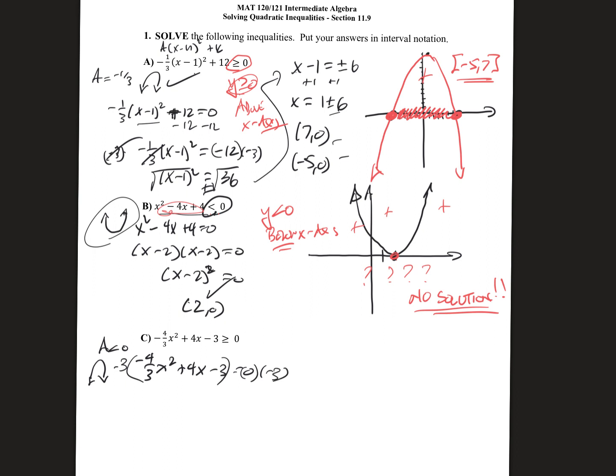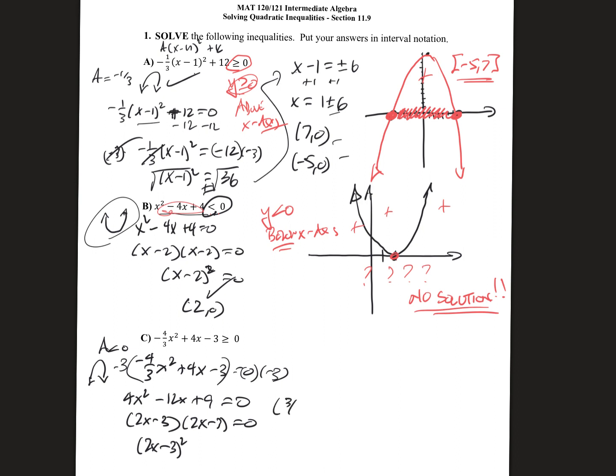What that's going to do, as we've seen in the past, is clear the fractions. So we end up with positive 4x squared minus 12x plus 9, and then anything times 0 is 0. And taking a hard look at this, this is a perfect square trinomial. So it's going to factor as (2x minus 3) times (2x minus 3), or (2x minus 3) squared.